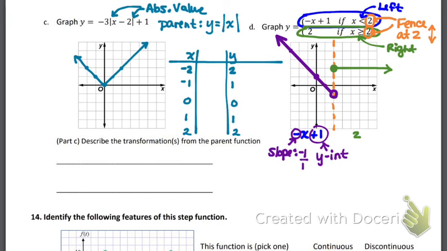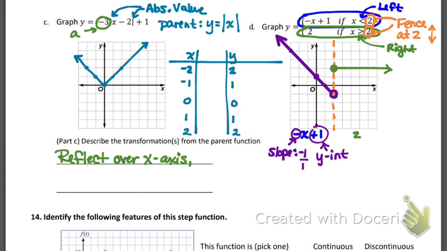But they wanted me to graph this other thing that's not the parent. Minus 3. Is that A, H, or K? That is A. What will the negative part do to it? It will reflect it over what? Yes, reflect over the x-axis.